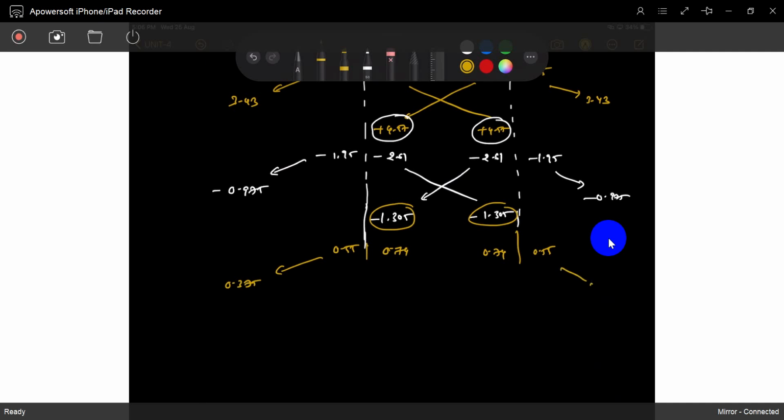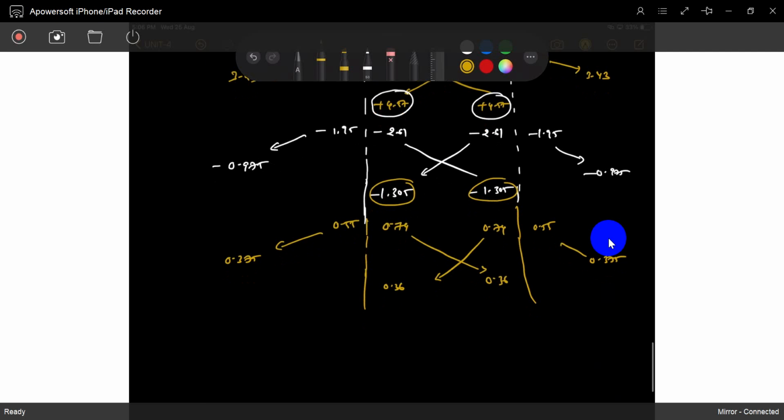Again the carryover factor: 0.375, 0.375. Okay, that's it. 0.74 gives 0.36, 0.36, 0.36.